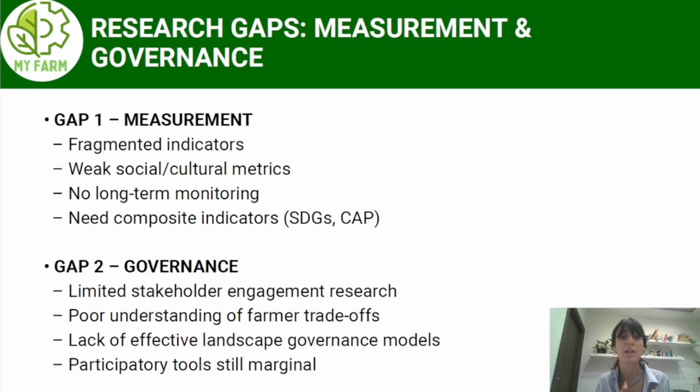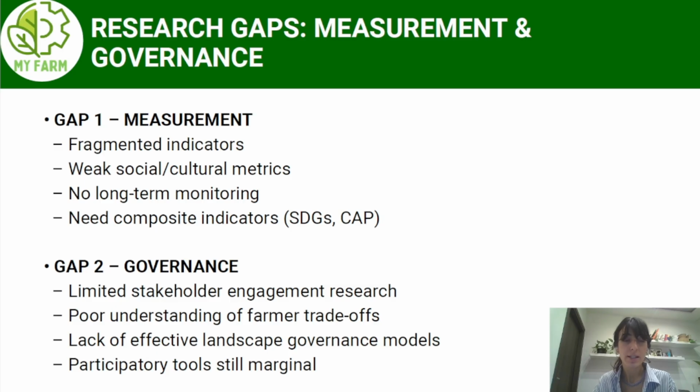We also lack long-term monitoring, which limits our ability to understand how multifunctional practices contribute to resilience or climate adaptation over time. So developing integrated composite indicators, possibly linked to SDGs or common agricultural policy objectives, is still a clear priority.